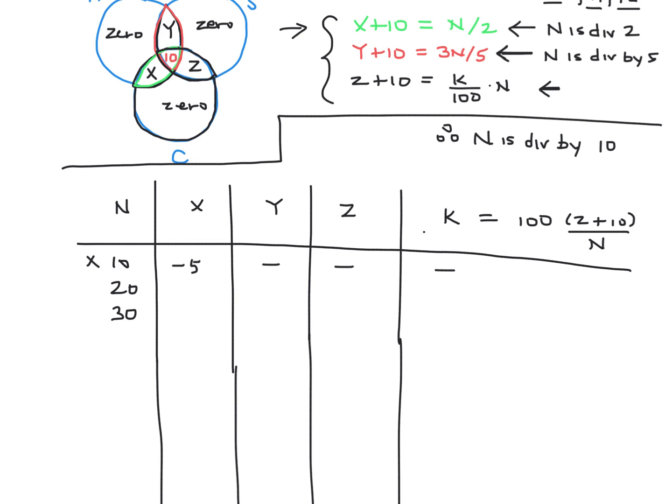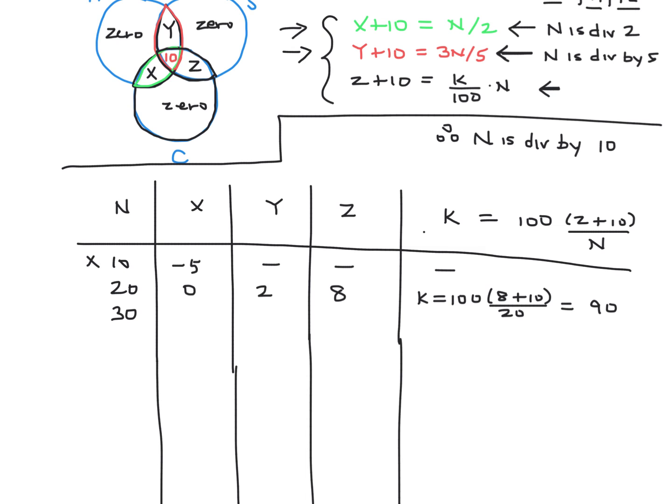Let's try n equals 20. You get 0, and then when you put it into that formula, you get, I believe, 2, and then z would be 8. And when you calculate k, it's going to be k is equal to 100 times 8 plus 10, over 20, and that is 90.